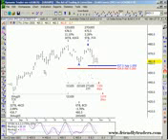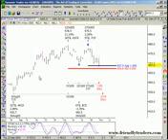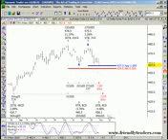Let me go ahead and add a bar to the chart. And here we have our November 4th low, if you recall. It tagged the typical wave C time and price targets, and we have an oscillator bullish reversal. How do I know that this is a bullish reversal?